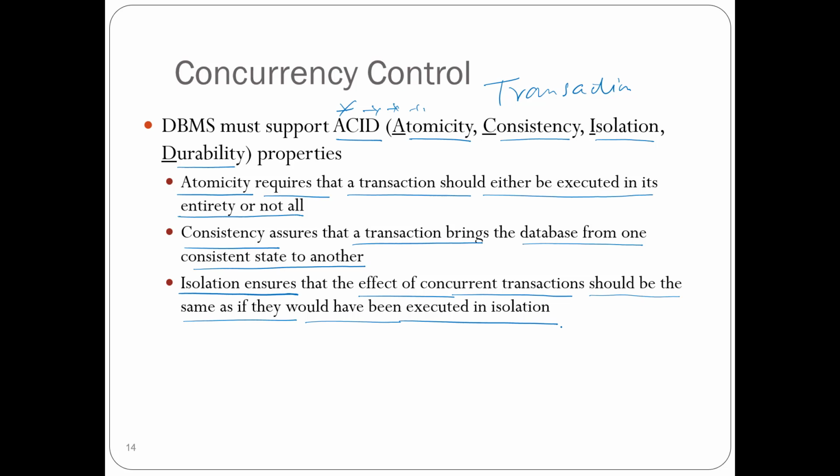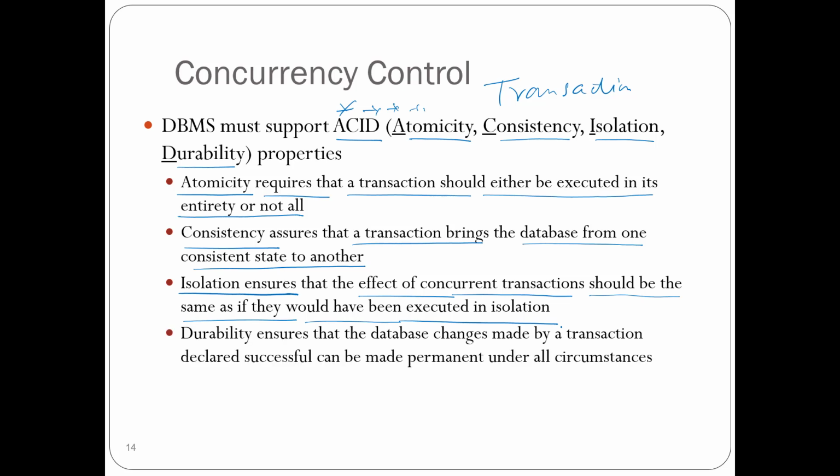So the nature of the concurrent execution should be similar to the isolated execution as per the consistency. It doesn't say that efficiency wise. Efficiency wise the concurrent execution should be faster, but consistency wise it should end up with the same result as the isolated execution.